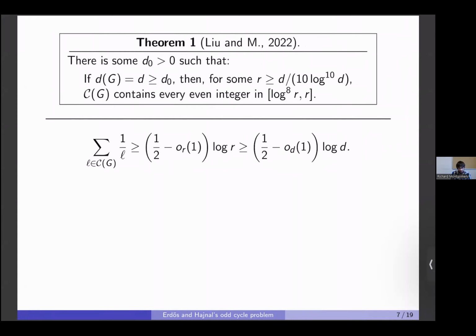So we get this lower bound that for some r, which is at least d over this polylogarithm in d, we get at least 1/2 minus some error term times log r. And then because, again, log d is close to log r, we get this lower bound that Erdős asked about, this 1/2 minus log d. So that's good.